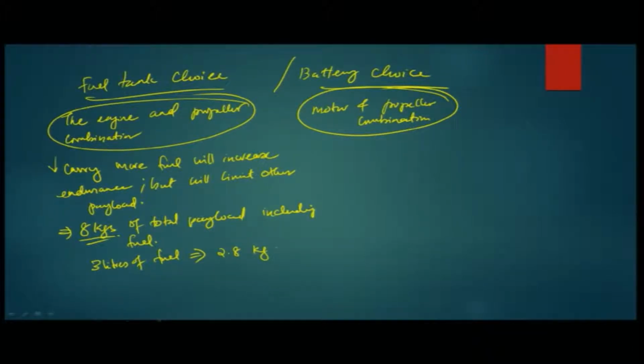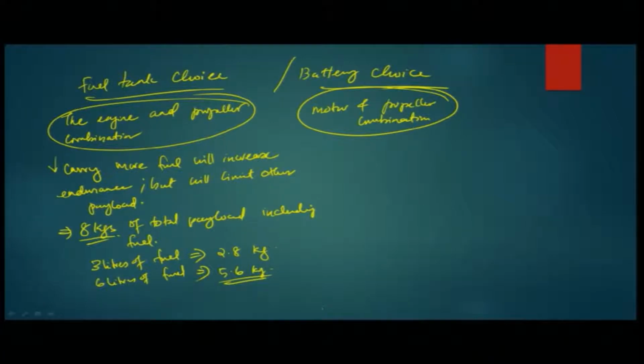If you carry 6 liters of fuel, you can get double the endurance, but it will also become like 5.6 kg. Then you only have a very limited quantity left to carry your payload.